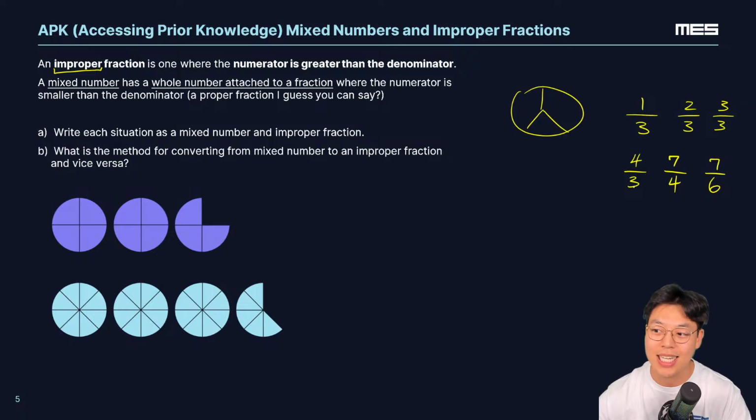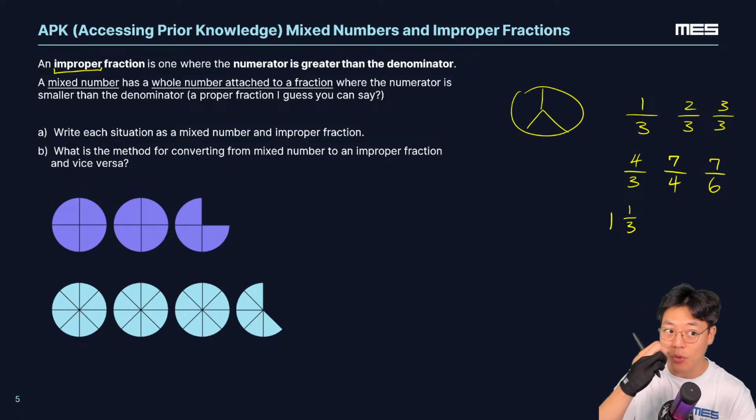So 4/3, it looks like 3 goes into 4 once. So I'm going to put a 1 in front, and how much is left? Well, if I put 3 into 4, then I'm left with 1. So I have 1/3. This is an example of a mixed number, right? 4/3 means there's one whole in it with an extra 1/3.